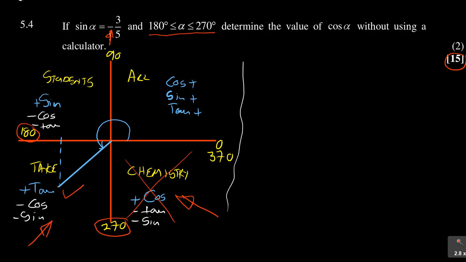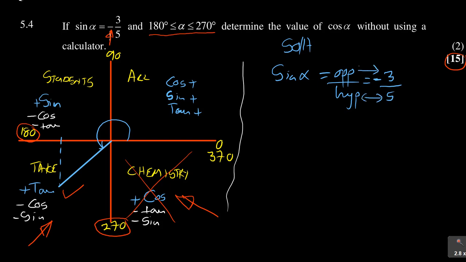Remember, sin alpha is equal to opposite over hypotenuse, and they told us the opposite is minus 3 and the hypotenuse is 5. So you need to match the opposite and the hypotenuse.